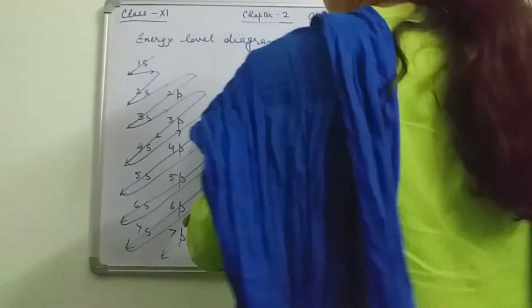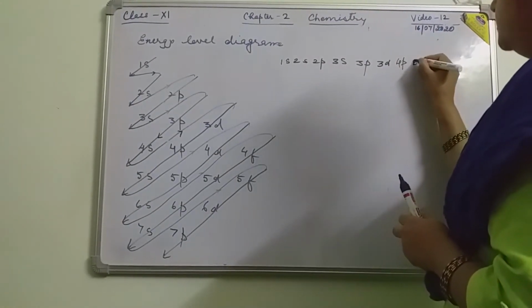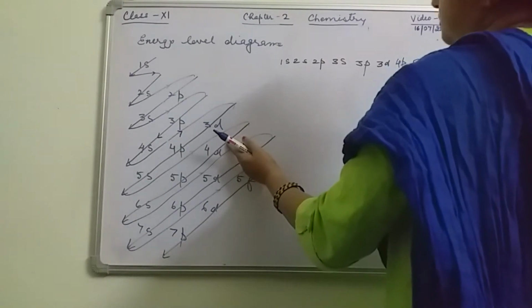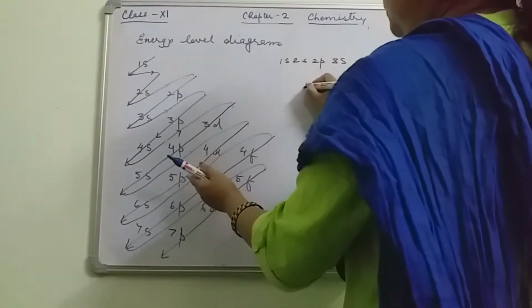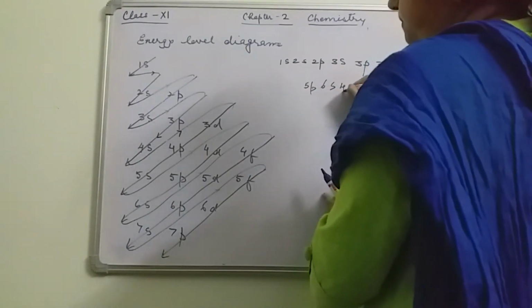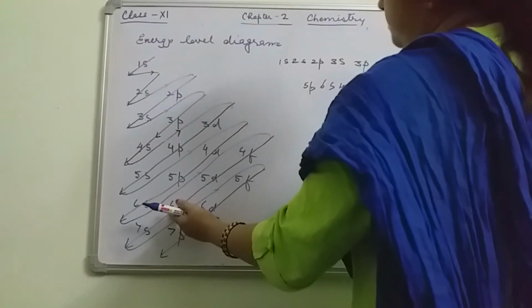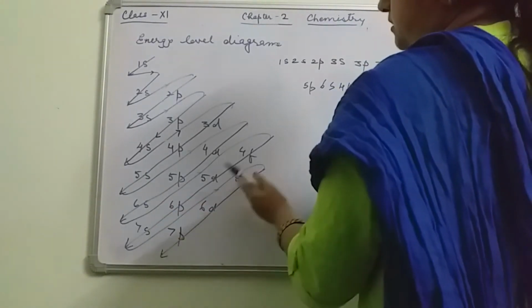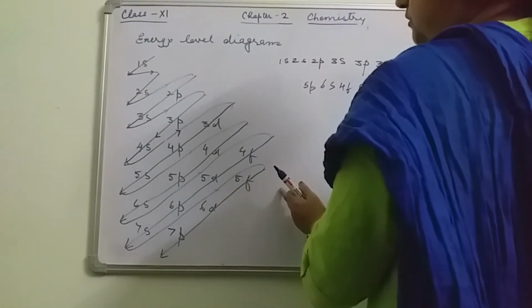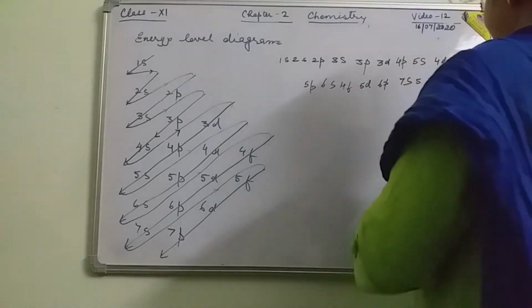Then 4p, then 5s, then 4d, 5p, 6s, 4f, 5d, 6p, 7s, 5f, 6d, and 7p.